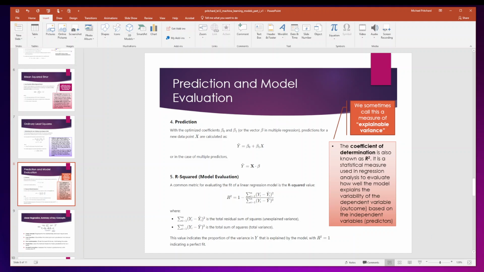What we're looking for is for R square to be as close to 1 as possible, if what we're looking for is explainable variance. Sometimes we'll call this the coefficient of determination.